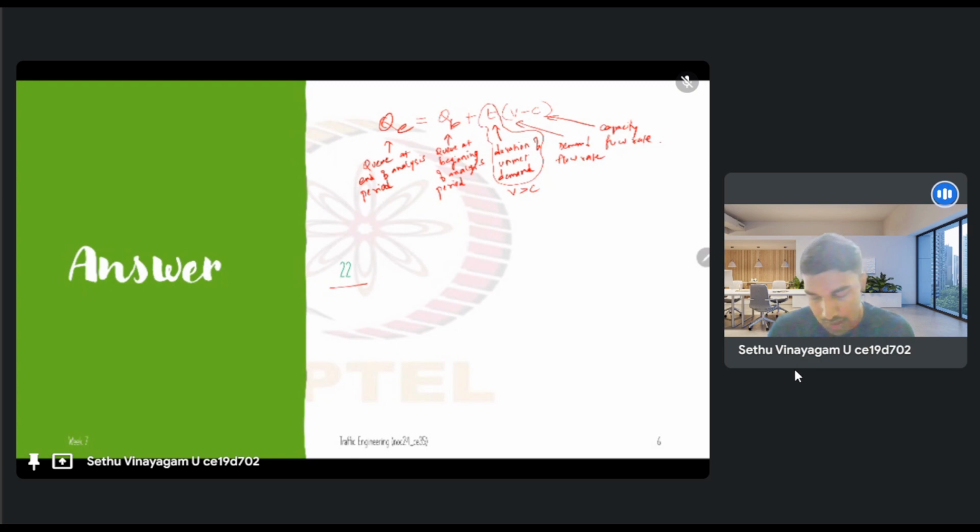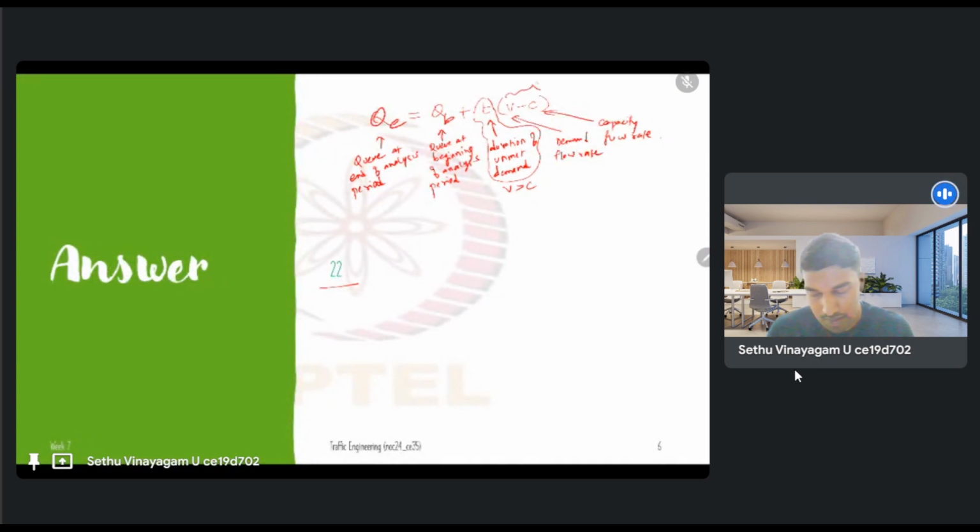So V minus C is basically your unmet demand, the excess demand, and for how long we had this V minus C is represented by T. When you multiply the unmet demand flow rate by the time for which that condition existed, you get the unmet demand.